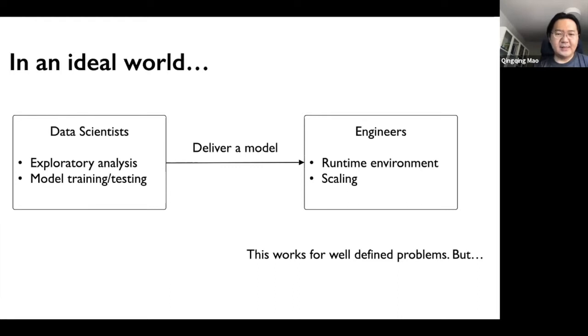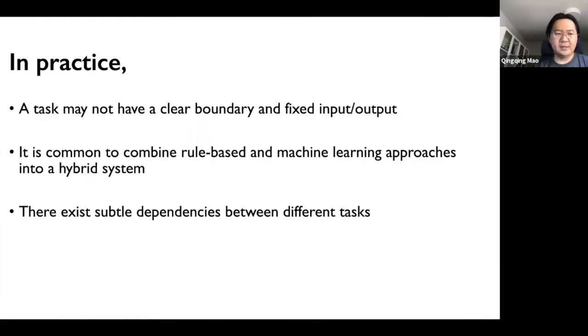But that's actually not what happens in practice for a more complex problem. In practice, a lot of times your task may not have a very clear boundary and fixed input and output. I can explain a little more later when I talk about these NLP pipelines.